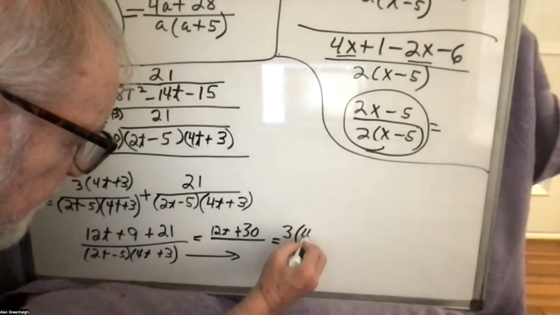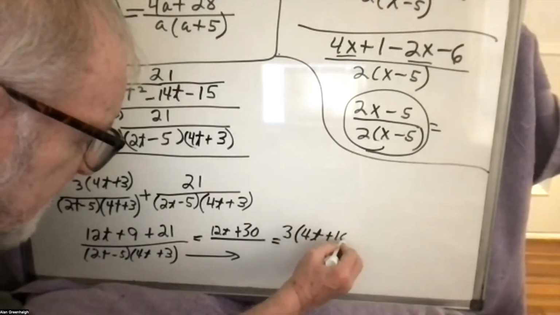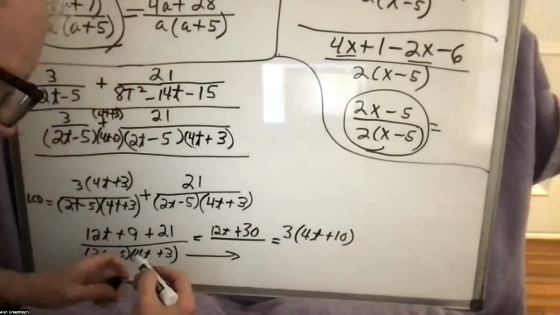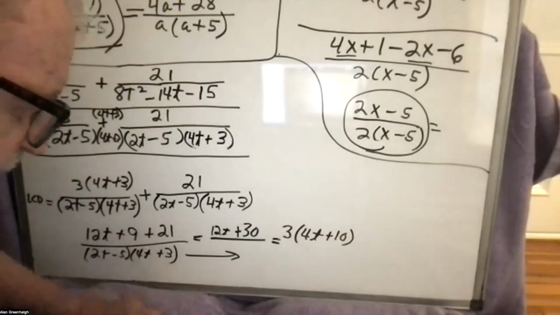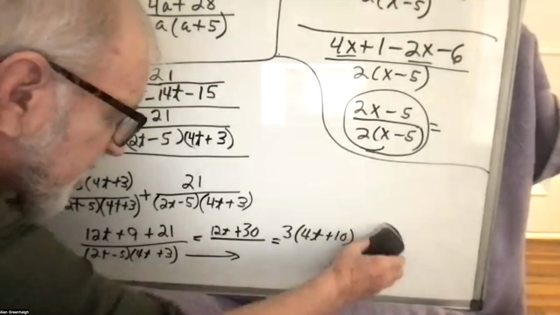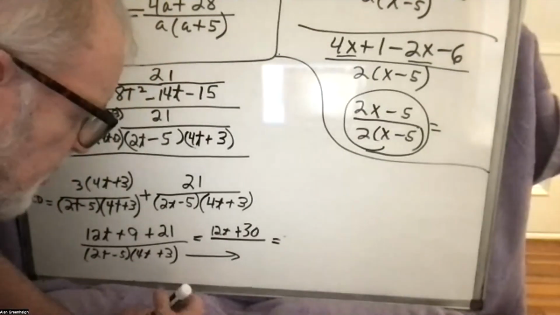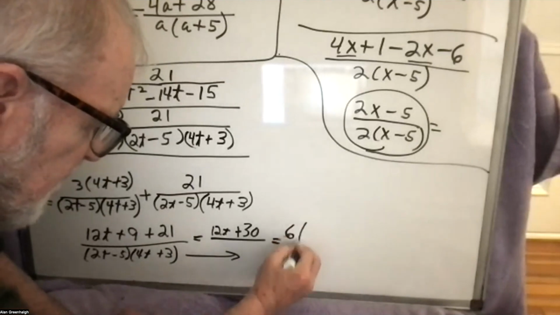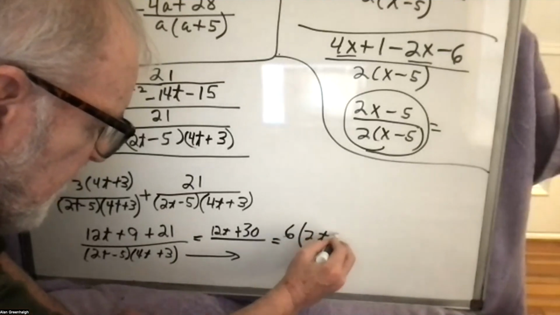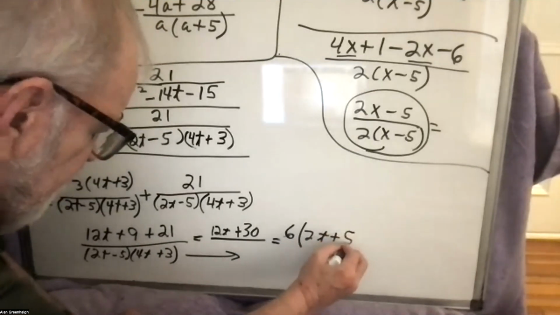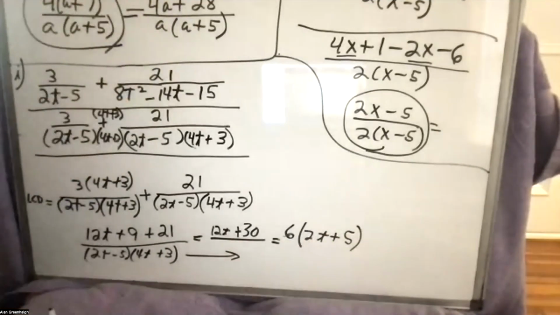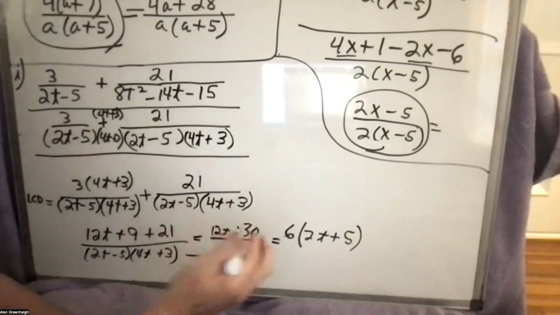And this is 4t plus 10, which doesn't do anything. So you could take out a 2, take out a 6, right? So let's get the 3 out of there, and let's put the 6 times 2t plus 5. Oh, are you kidding? Really? It's not 2t minus 5?